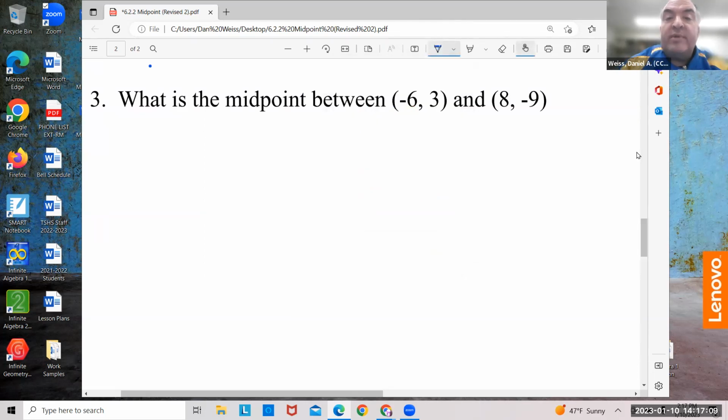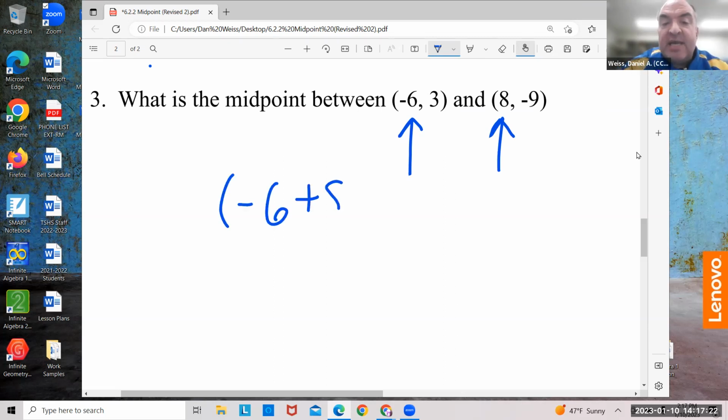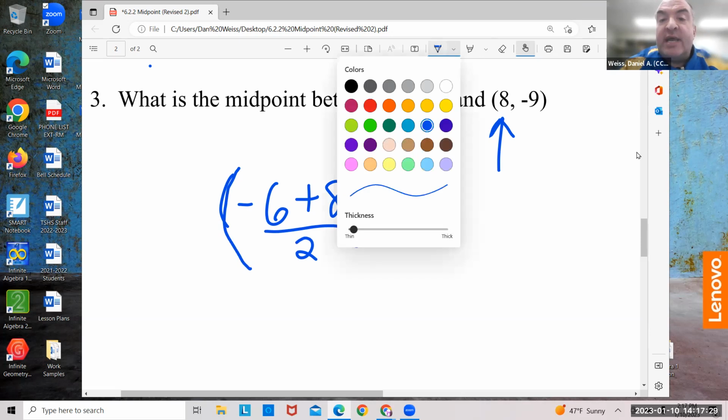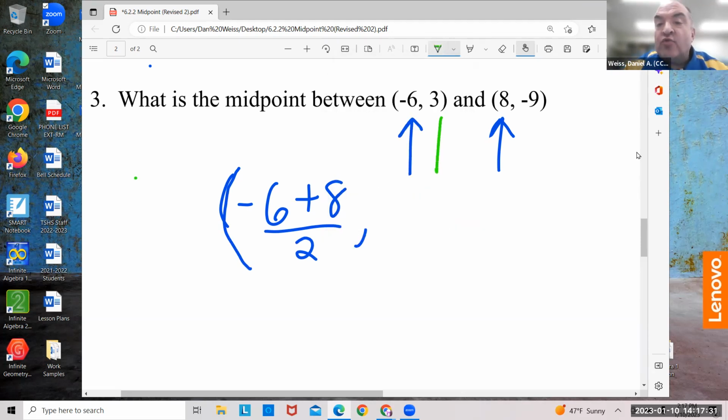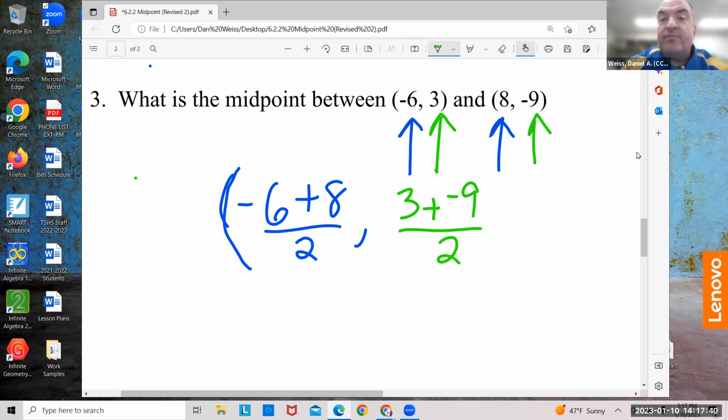What is the midpoint between -6, 3, and 8, -9? So we're going to take -6 plus 8 divided by 2. Okay. Then we're going to take 3 plus -9 divided by 2.